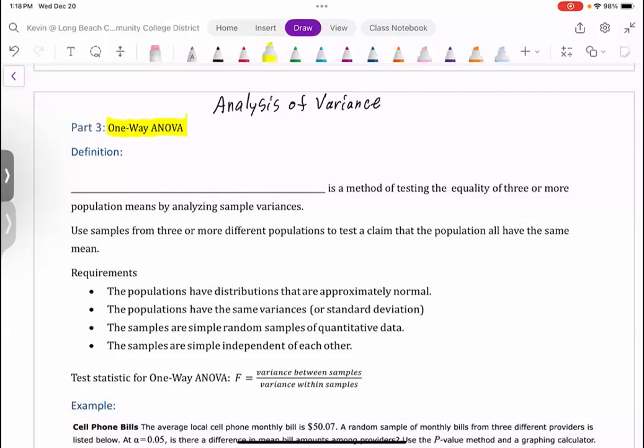And I want to highlight, here's the AN for ANOVA of variance. So that's where the word ANOVA comes from, analysis of variance.